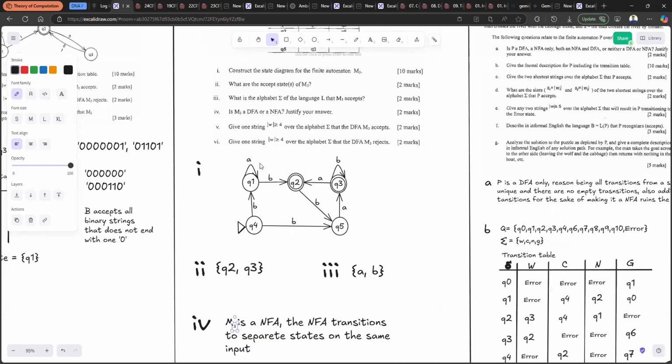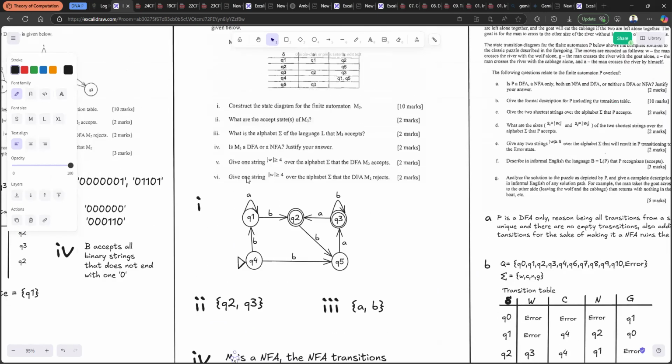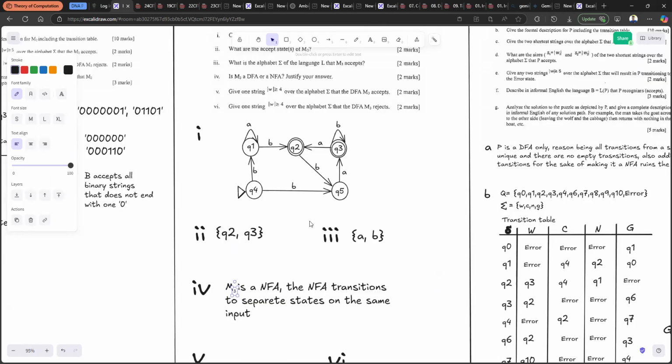All right, then part 5 says give one string of length greater than 4 over the alphabet that it accepts. So if you get this question, just go to the start state and then just follow the arrows. So it will go B, A, B. But that's only 3, so we need 4.